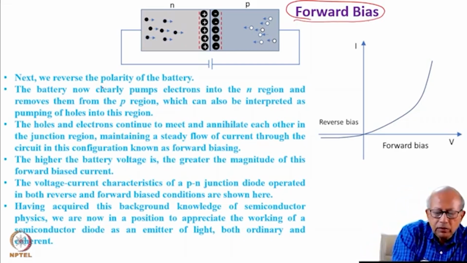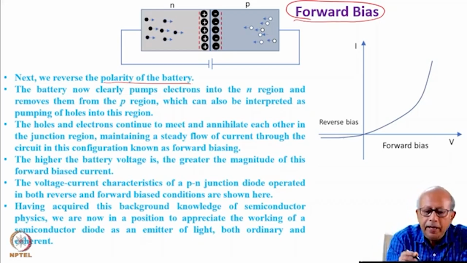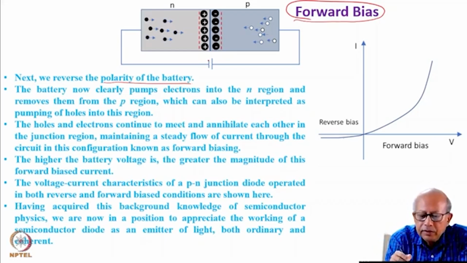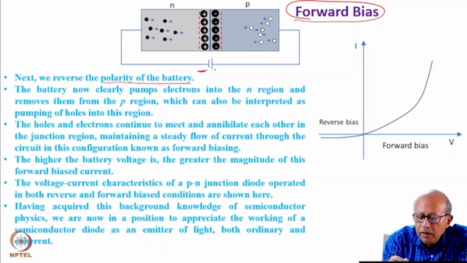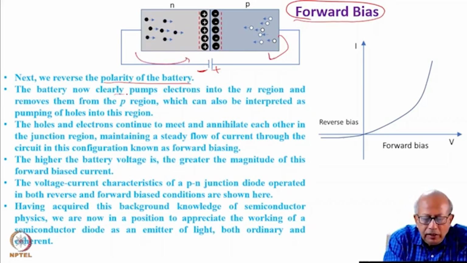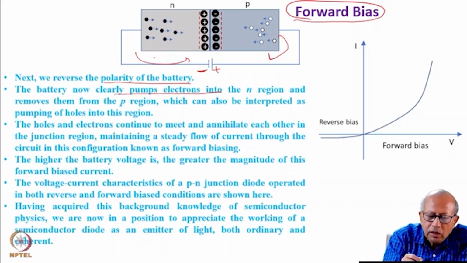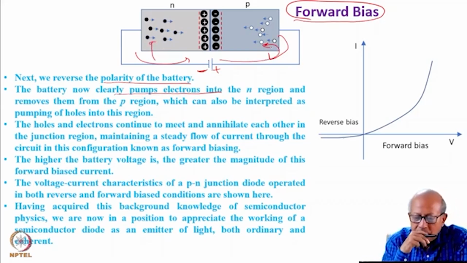So now let us explore the forward biasing of the PN junction. So we now reverse the polarity of the battery. So then the N region is connected to the negative terminal of the battery, and the P region is connected to the positive terminal. The battery now clearly pumps electrons into the N region and holes into the P region.